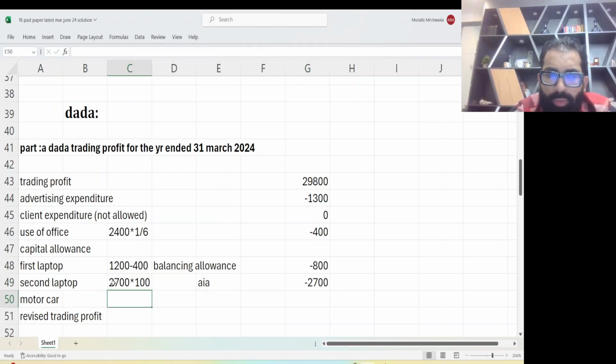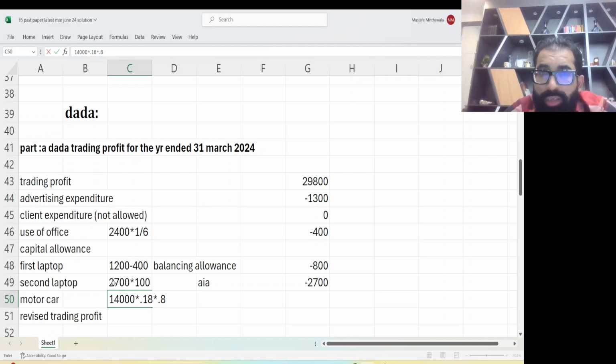And the third one: you remember you introduced your motor car for 14,000. As the CO2 emission rate was between 1 and 50, the rate is 18%, 0.18. There is a private element, so we only claim the business percentage, which is 80%.